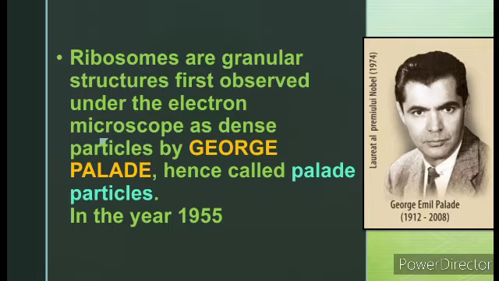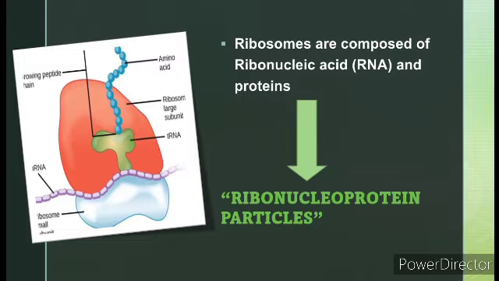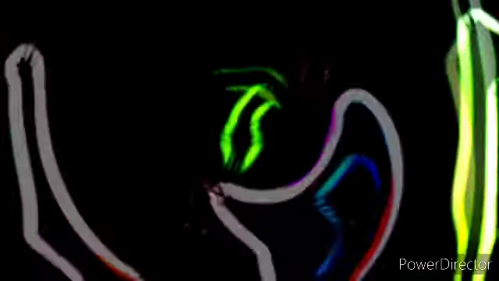George Palade was the first person to observe these ribosomes in animal cells under the electron microscope in the year 1955. These ribosomes are composed of RNA and proteins. As ribosomes are composed of RNA, that is ribonucleic acid, and protein, these ribosomes are also known as ribonucleoprotein particles.